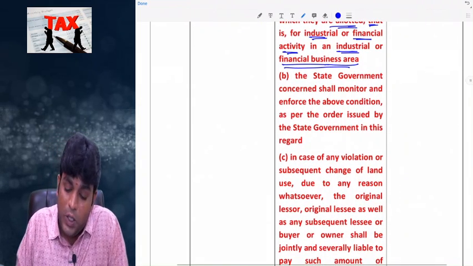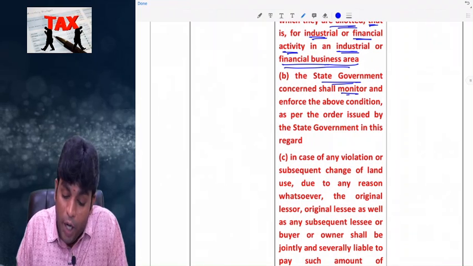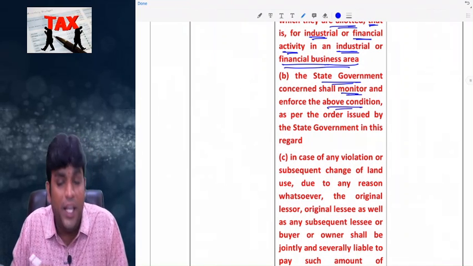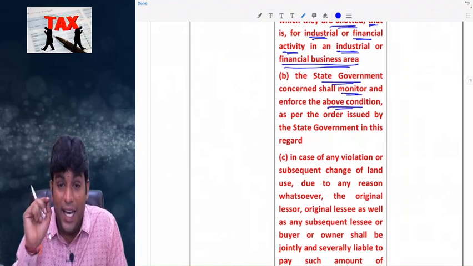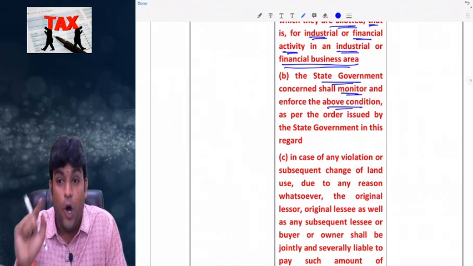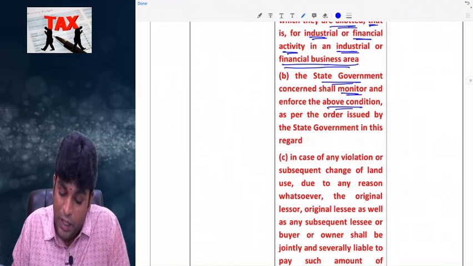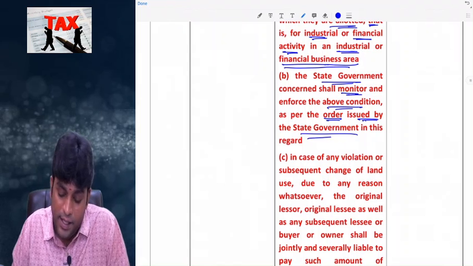Next, the state government concerned shall monitor and enforce the above condition. They have to check whether they are using it for the specified purpose or not, as per the order issued by the state government in this regard.